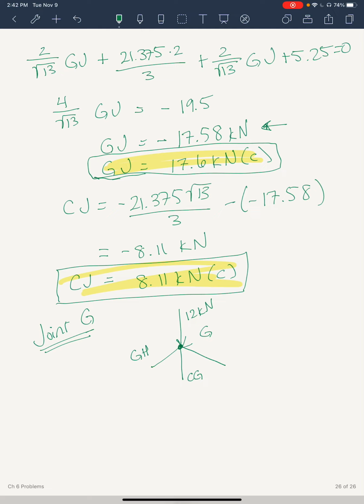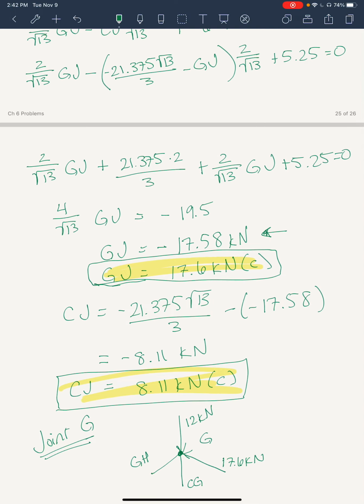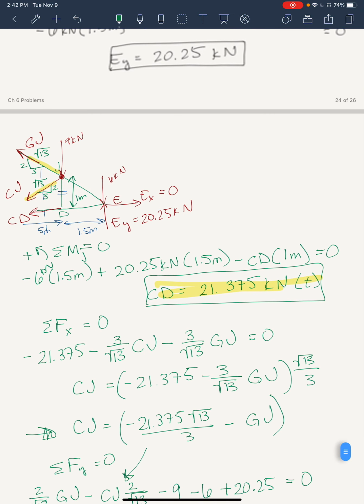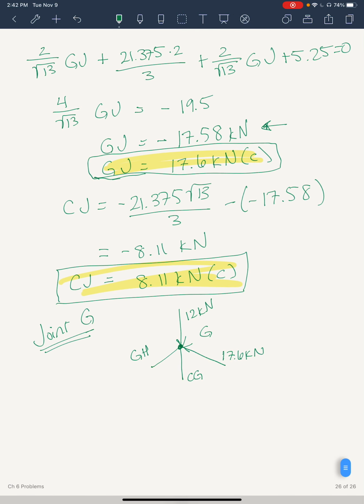GJ was 17.6 kilonewtons of compression. And GJ we know is in that, it's 2, 3 square root of 13. And the same here is 2, 3 square root of 13. We're going to guess that one's in compression too.